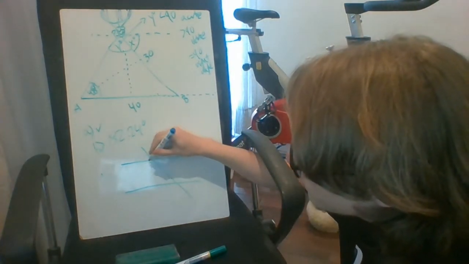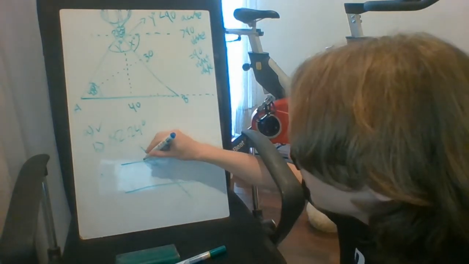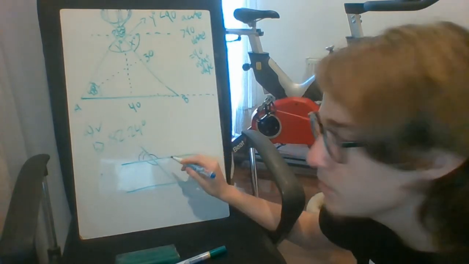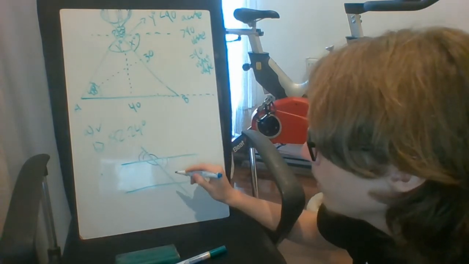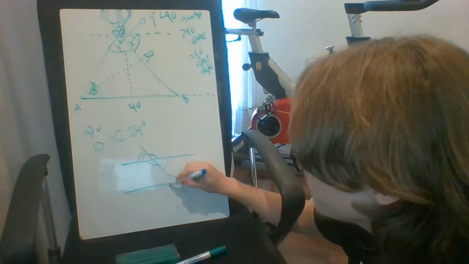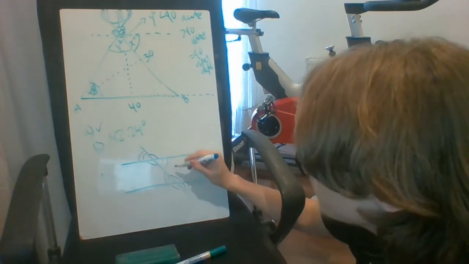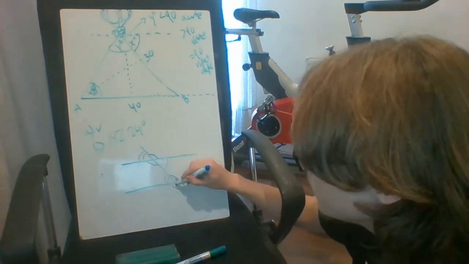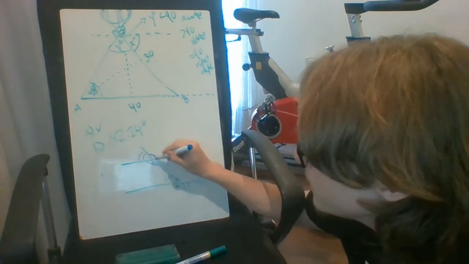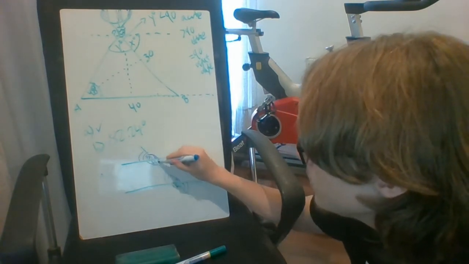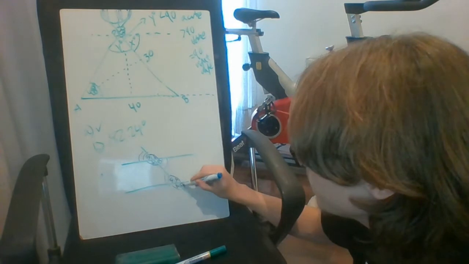This angle is equal to this angle, okay? And these are also the same. So if this is angle A, this is also angle A. If this is B, this is also B, okay?